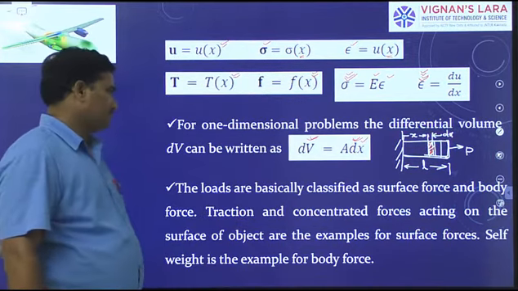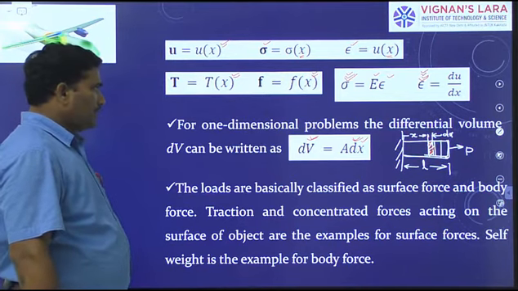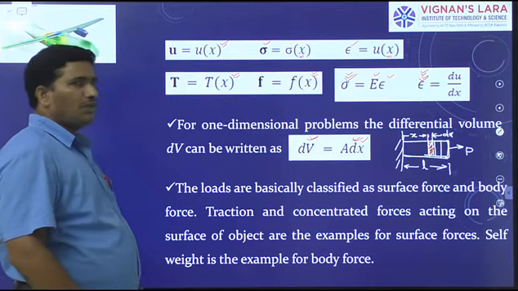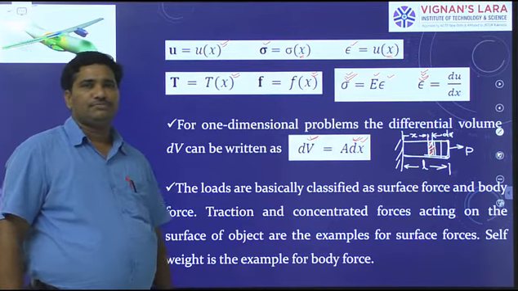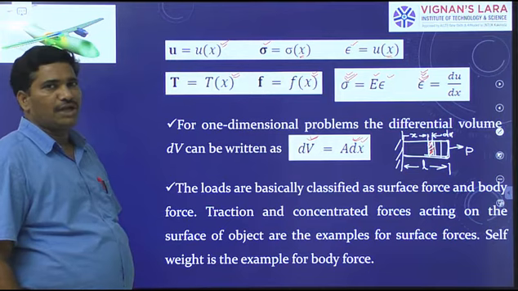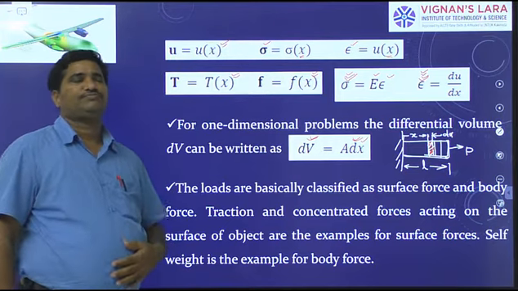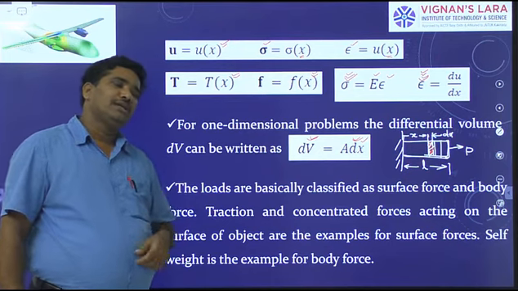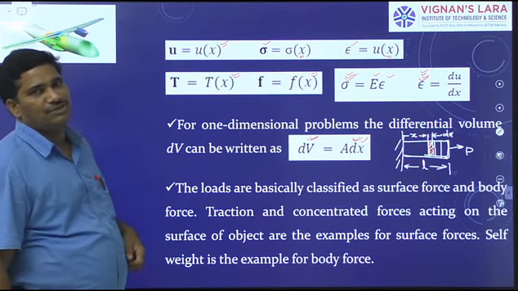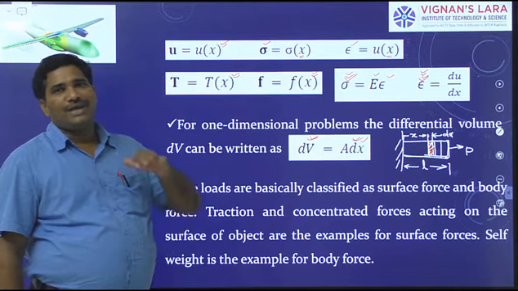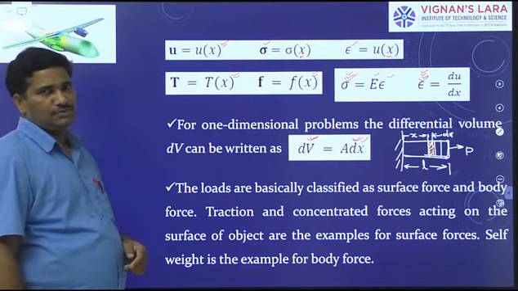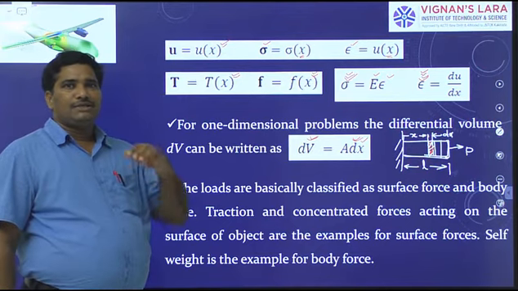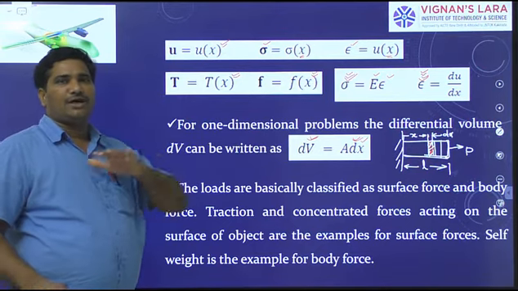Okay. Now, here we classify the forces basically as surface force and body force. What are the examples for surface forces? The examples for the surface forces are surface shear, and friction on the surface of the object.